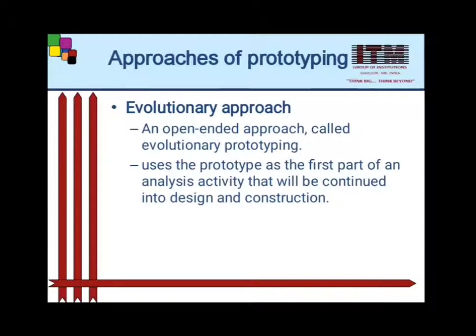When developing a system using evolutionary prototyping, the system is continuously refined and rebuilt. So we can say that evolutionary prototyping acknowledges that we do not understand all the requirements and builds only those that are well understood. It uses the prototype as the first part of an analysis activity that will be continued into design and construction.